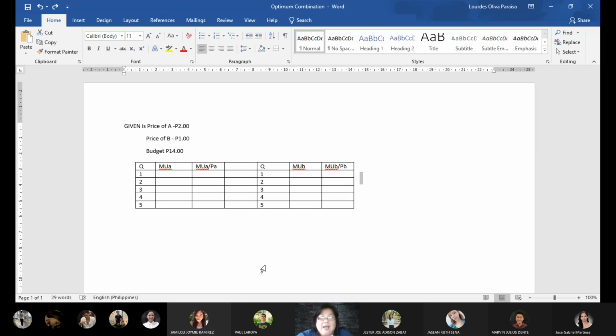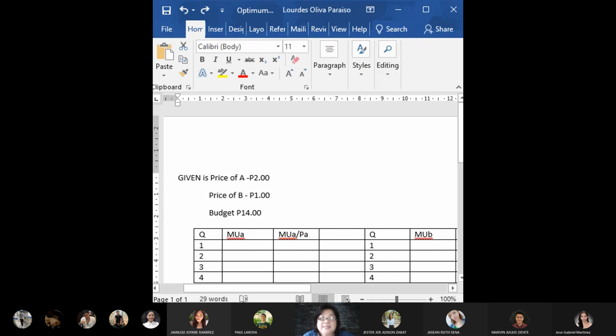Okay. So, what you have here is the price of good A and the price of good B. The price of good A is 2 pesos, and the price of good B is 1 peso, and you have a budget of 14 pesos.